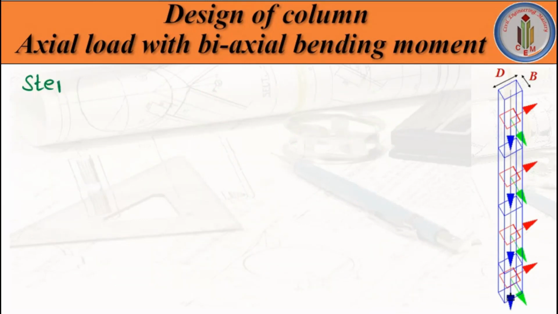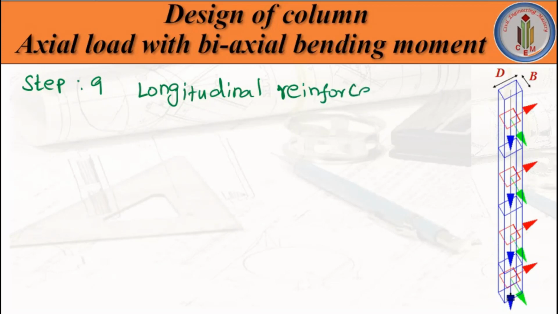Next is step number 9. In step number 9, we are going to calculate the longitudinal reinforcement, that is main bars of column. So how we have to calculate is, we know the percentage which is 1.2. This is what we have assumed in the initial stage of design.